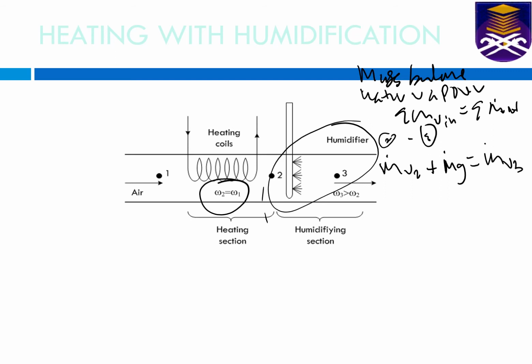So m dot a omega 2 plus m dot g equal to m dot a omega 3, because the dry air is constant.